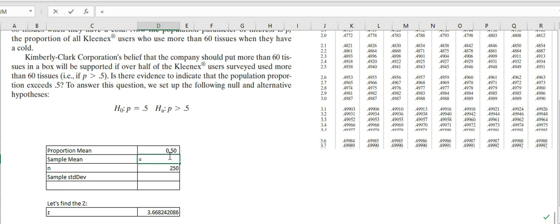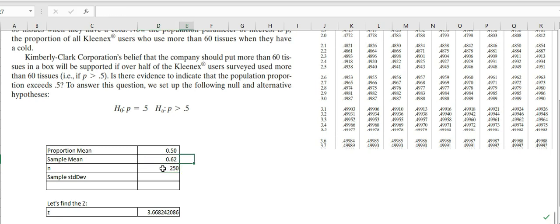Majority of the people say that the tissue count should be more than 60. More than 100, around 150 of them, say they should put more than 60 tissues in the box. 154 people say that, so 154 over 250 people.